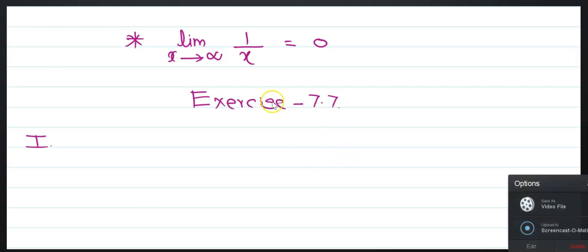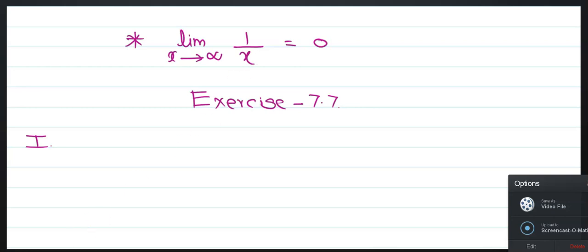The meaning of this is that it is 1 upon a very large quantity. The limit as x tends to infinity of 1 upon x is 0, and likewise for 1 upon x square, 1 upon x cube, and whatever the bigger index of x in the denominator.